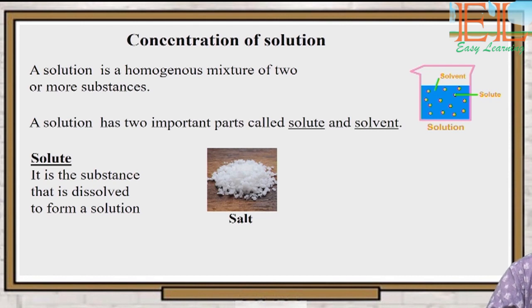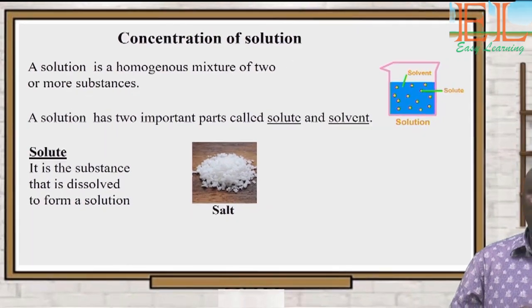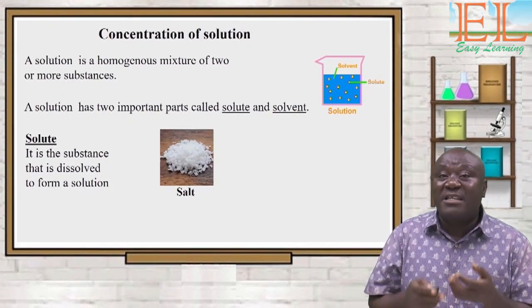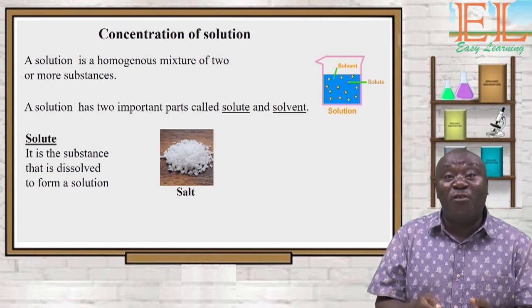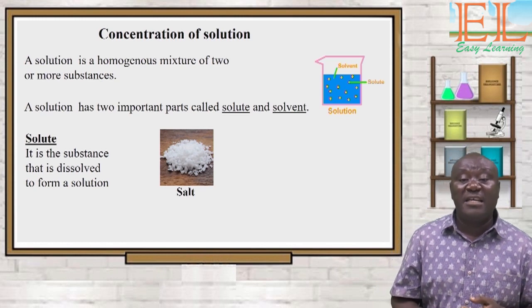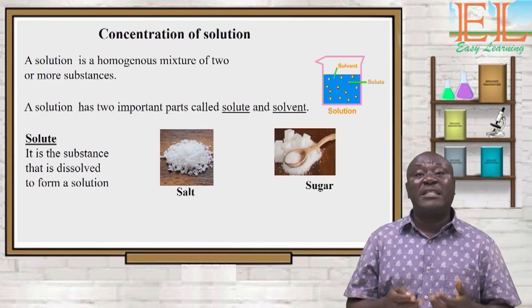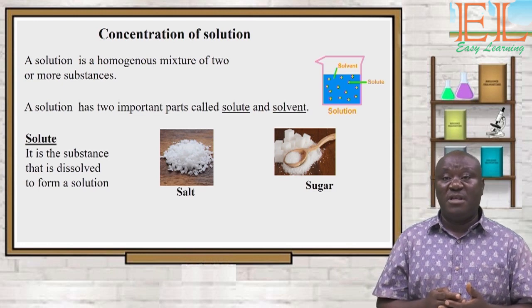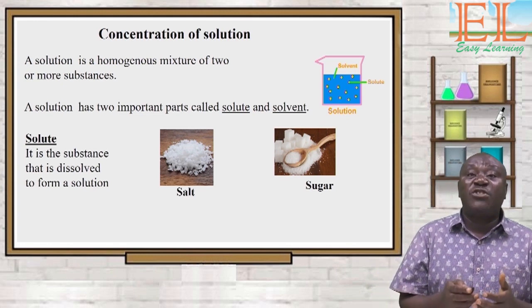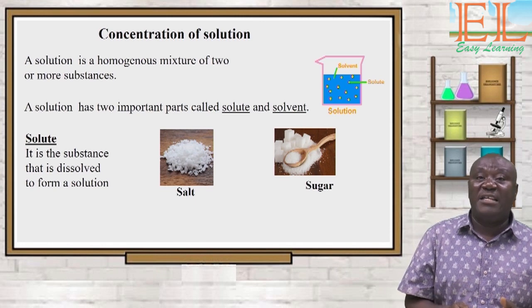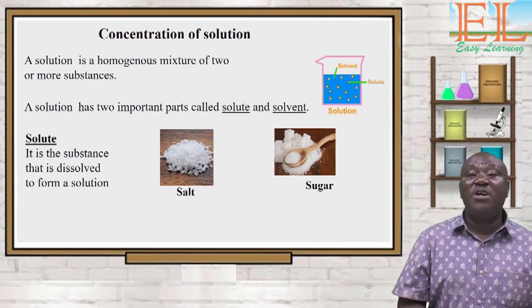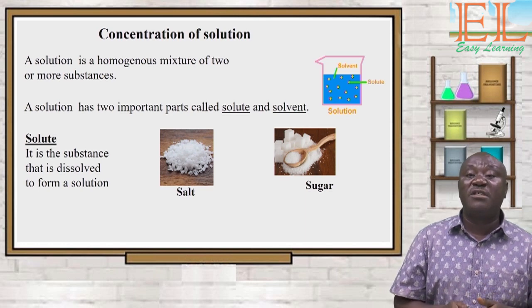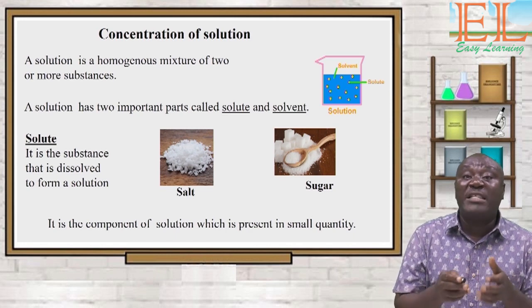Then I have formed salt solution. When such a solution is left to stand, the particles of salt will not settle on standing. Therefore, salt is an example of what? A solute. Similarly, sugar is also an example of a solute. And therefore, if I dissolve sugar in water, then I'll form what we call sugar solution. So a solute is the component of a solution which is present in small quantity.